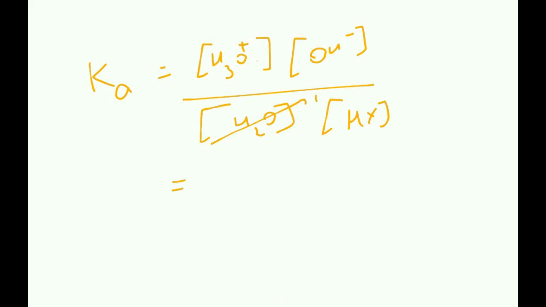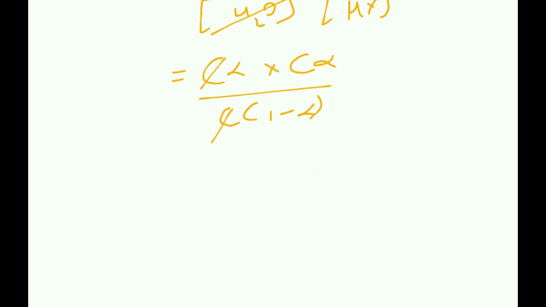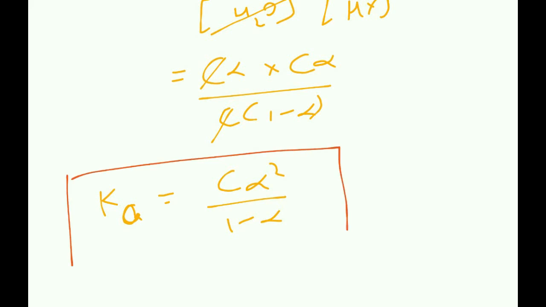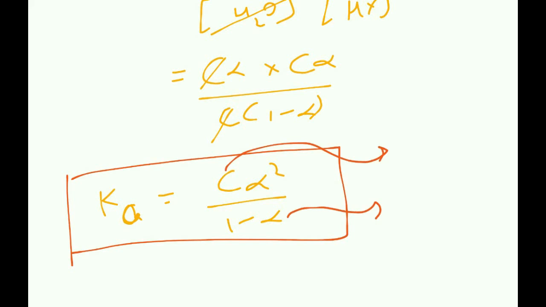Now H3O we knew was C alpha, X negative is C alpha, divided by HX, C into 1 minus alpha. This C gets cancelled. So my Ka, or Kb, depending on what it is, here I've taken A, is going to be C alpha squared divided by 1 minus alpha. And that is an expression to get the dissociation constant if they give you the degree of dissociation and the initial concentration. So remember this formula, it can come in handy a lot of times.